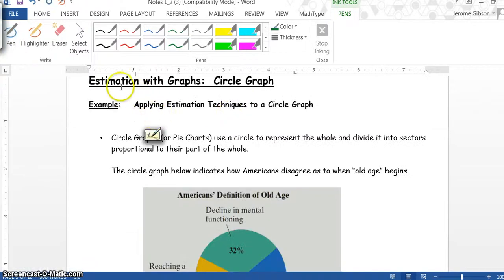Now we move on to the next activity, which is estimation with graphs, and we're dealing with the circle graph. Example, applying estimation techniques to a circle graph. Circle graphs or pie charts use a circle to represent the whole and divide it into sectors proportional to their part of the whole. The circle graph below indicates how Americans disagree as to when old age begins.